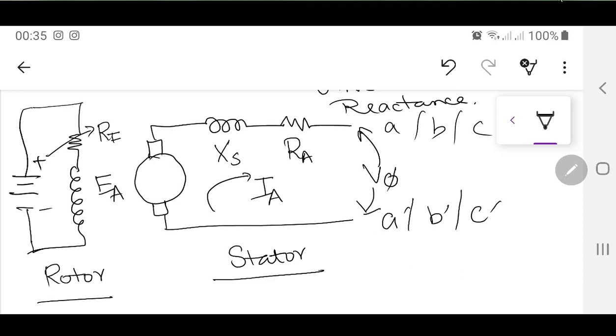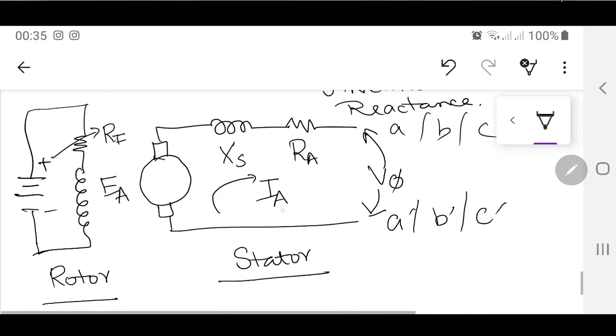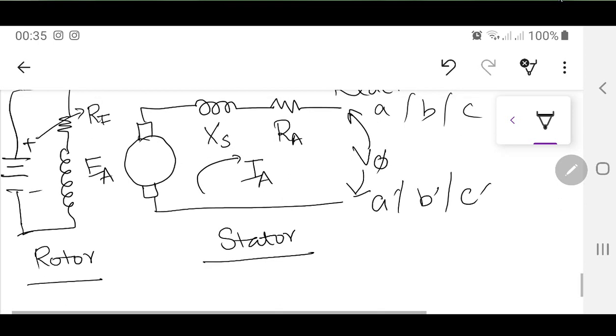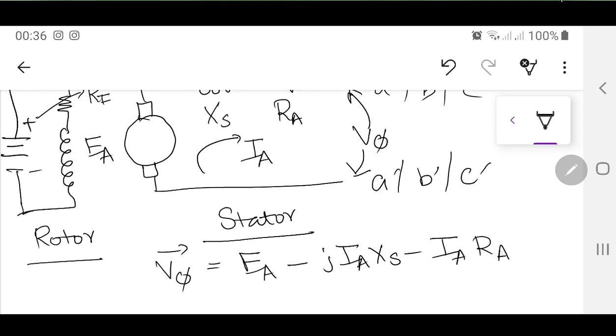So this is the equivalent circuit, and for this same circuitry the equation becomes, let me write it down again, V phase equal to EA minus JIA XS minus IA RA.